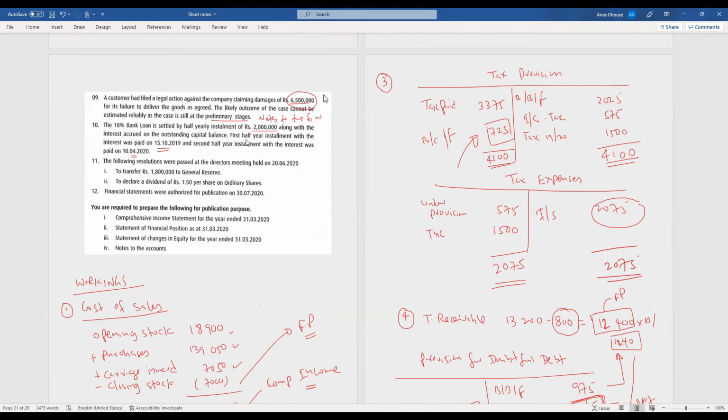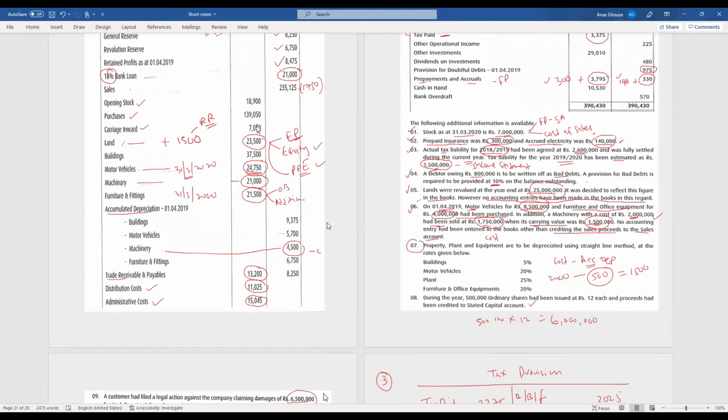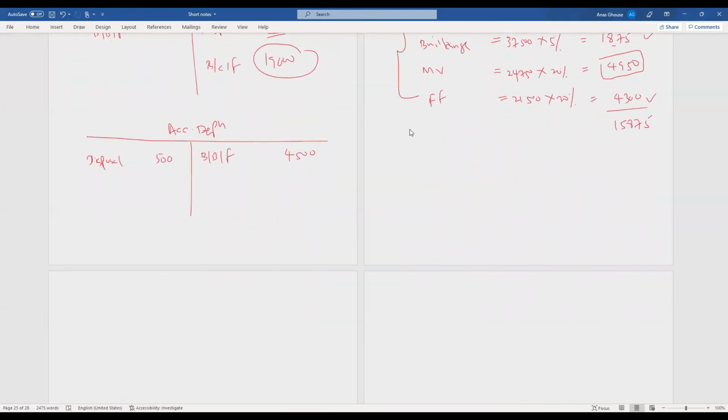So if you calculate half-yearly interest, our financial year is from 1st April 2019 till 31st March 2020. Half-yearly means 6 months, 6 months. You are given the balance loan amount as 21 million.